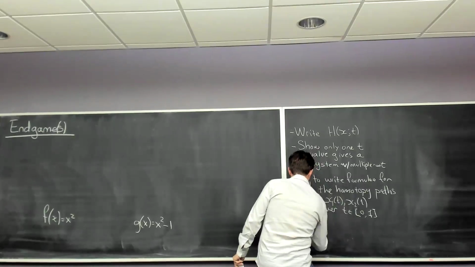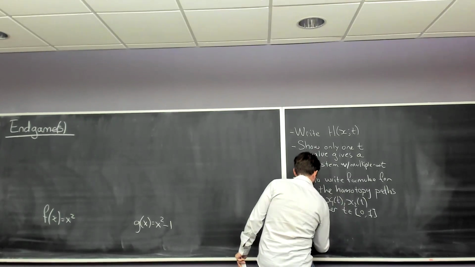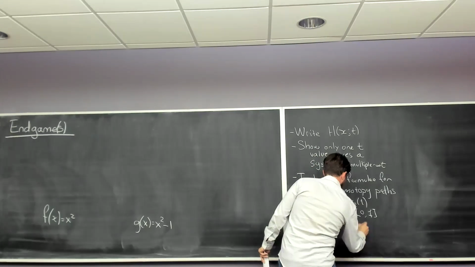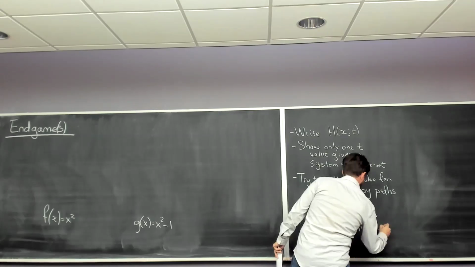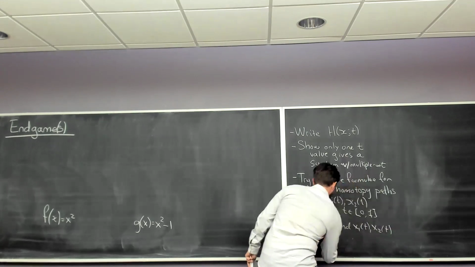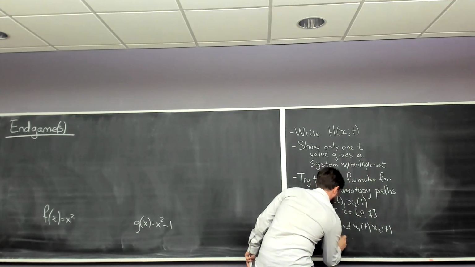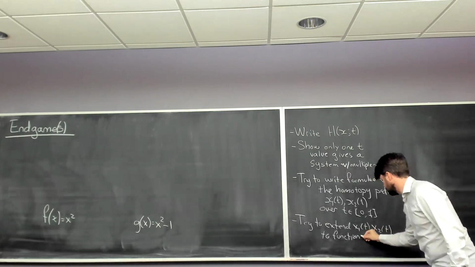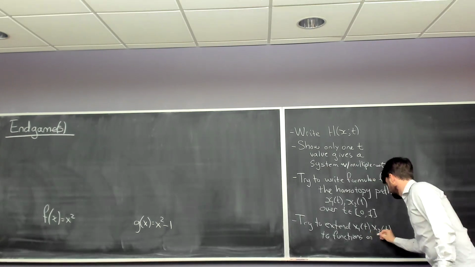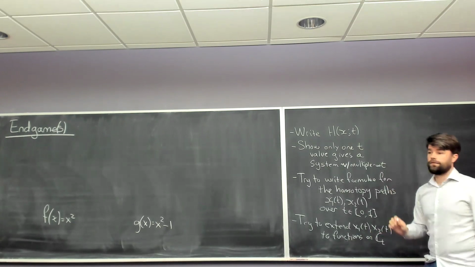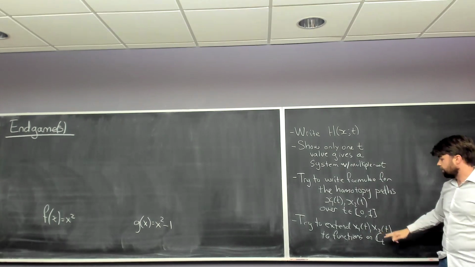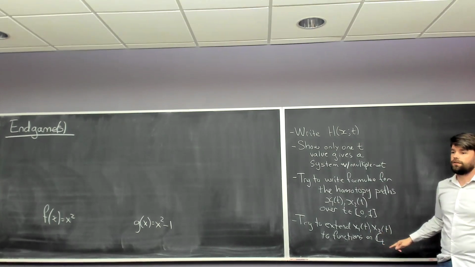And finally, I want you to try to extend these functions to functions on C. Okay, and that's where our problems will begin, and that's where the discussion will start.